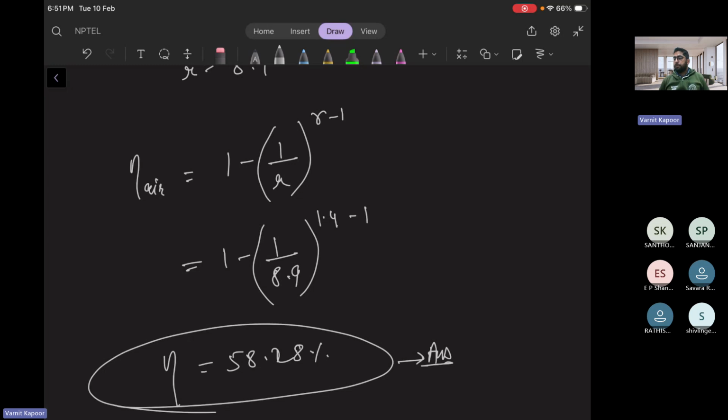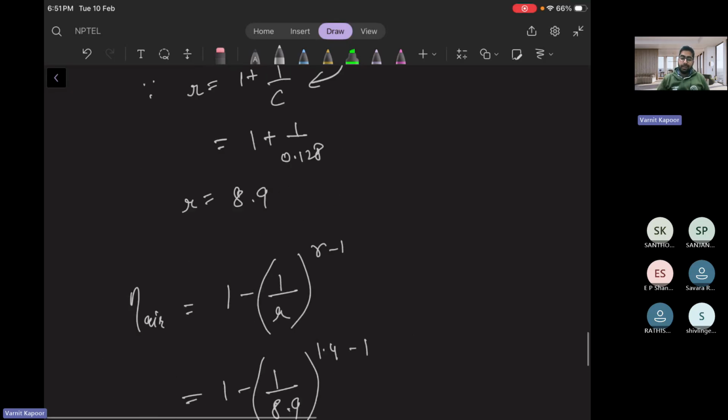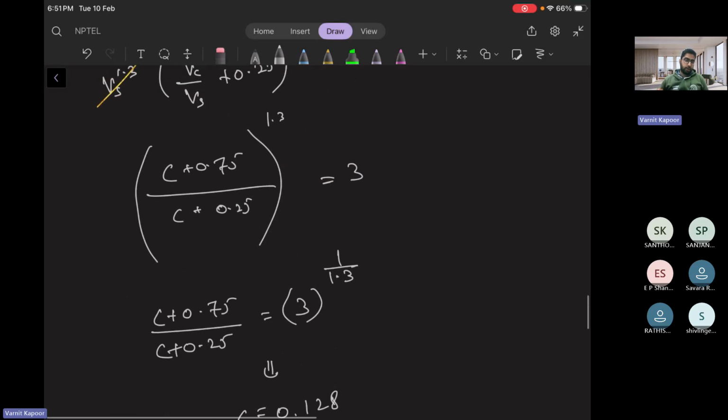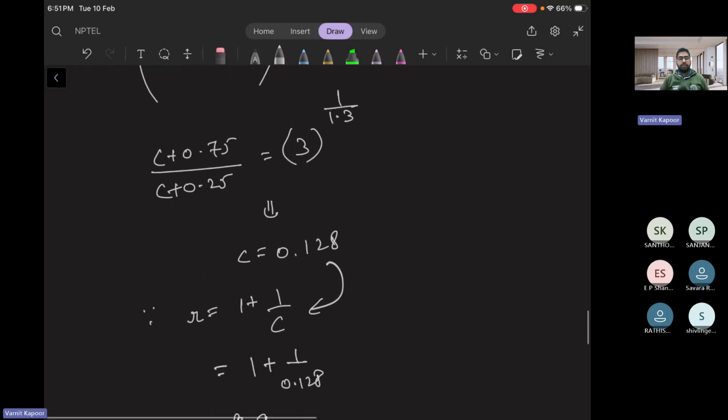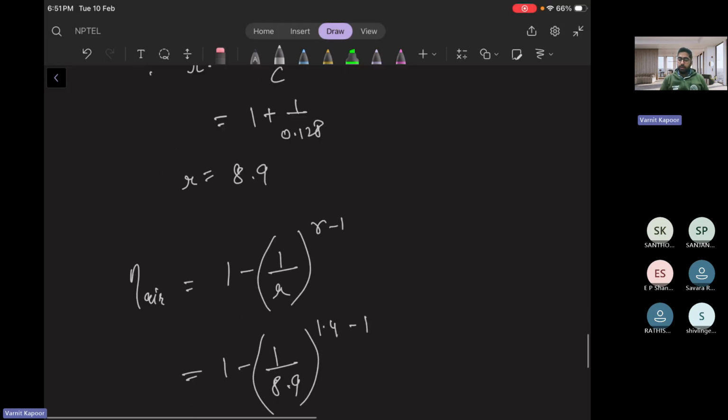That is your isentropic process. Then only the air standard efficiency will be calculated. But your process in the cycle is not isentropic. That's why the C value, that is your clearance ratio, and from there compression ratio is calculated based on the polytropic index 1.3.